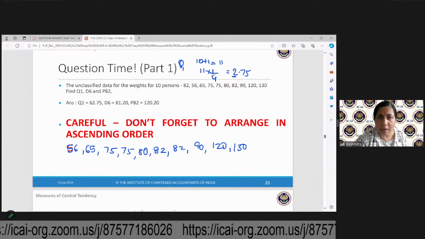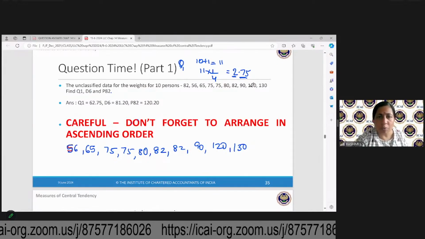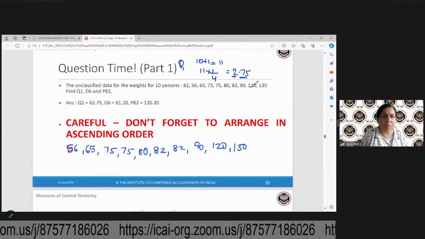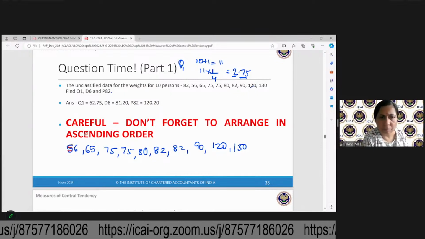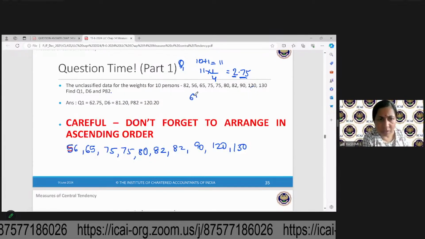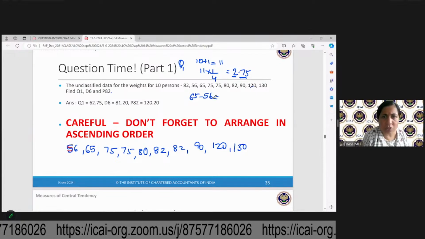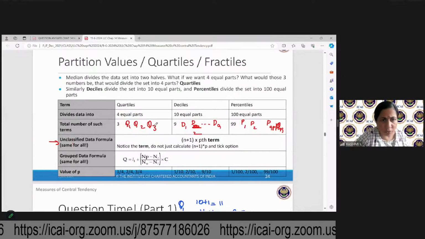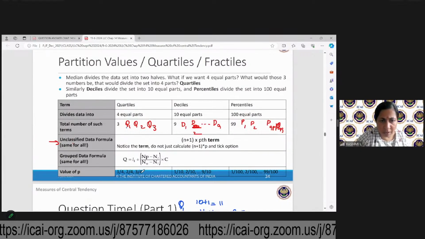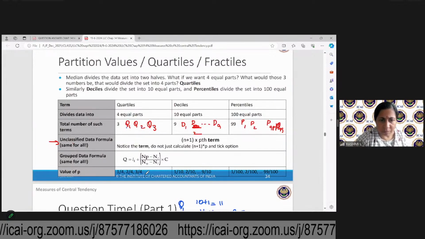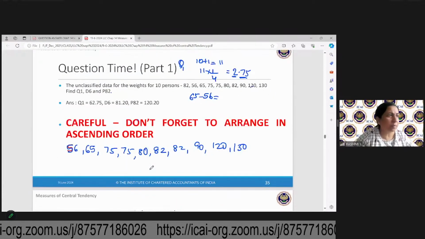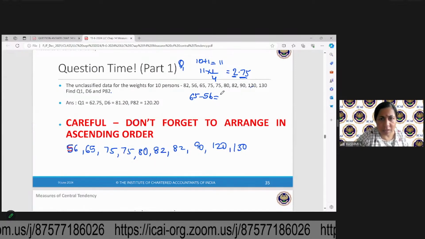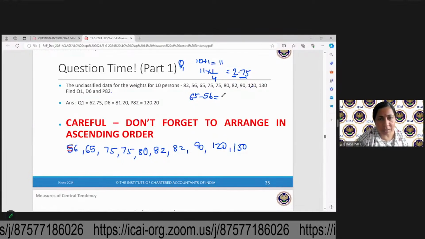So what do I have to do? I have to take 0.75 of the difference between them. So what will that be? 65 minus 56 is how much? Can you see Q1, Q2, Q3? 1 by 4, 2 by 4 and 3 by 4. 65 minus 56 is going to give me 9.